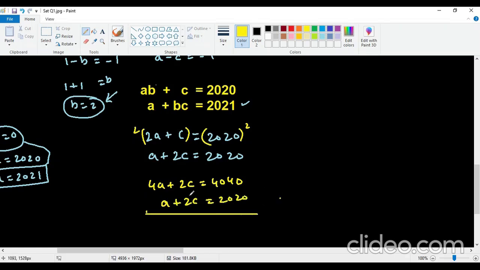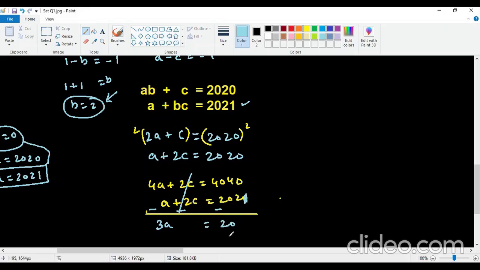So in here what we do is we change the signs. This becomes negative, negative, and negative. So 4 minus 1 is going to give us 3a. This is going to be cancelled, and this one is actually 2021.